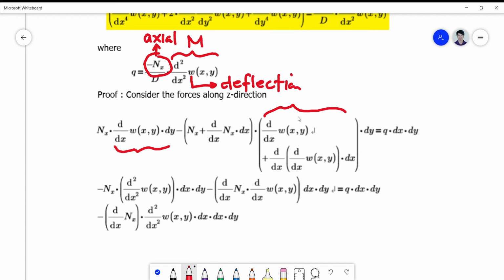So if we now distribute this value here with this slope here, we will come up with four expressions.